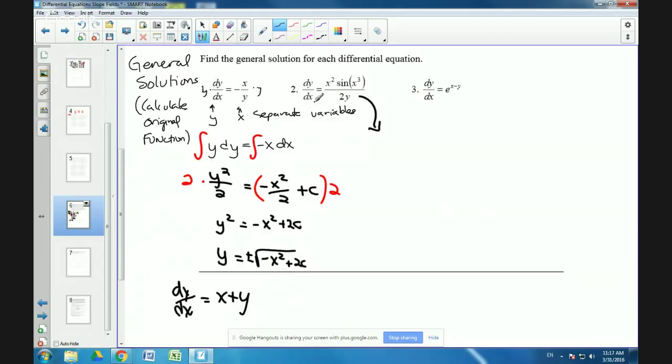If I separate the variables here, number 1, what do I end up with on the left? Okay, so we're all y's and all x's, right? Now I can. Correct.